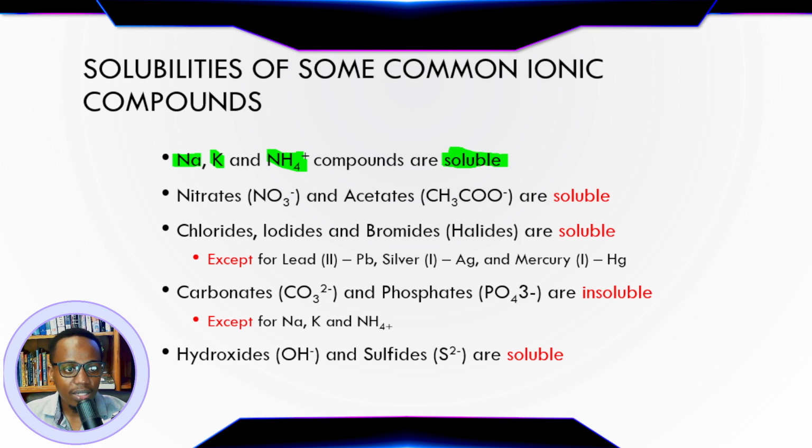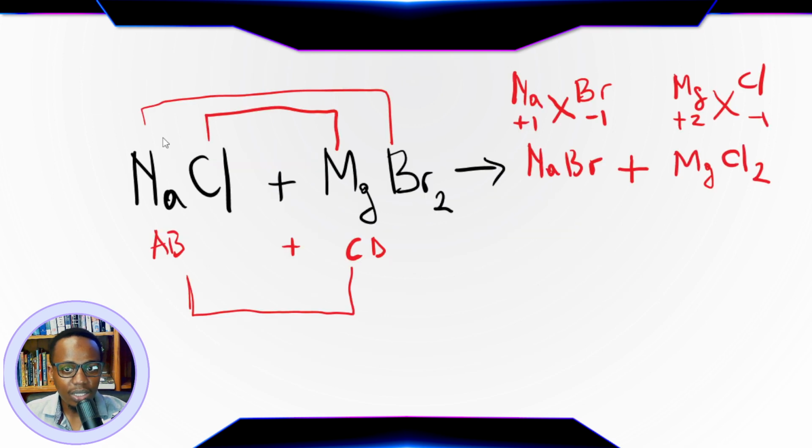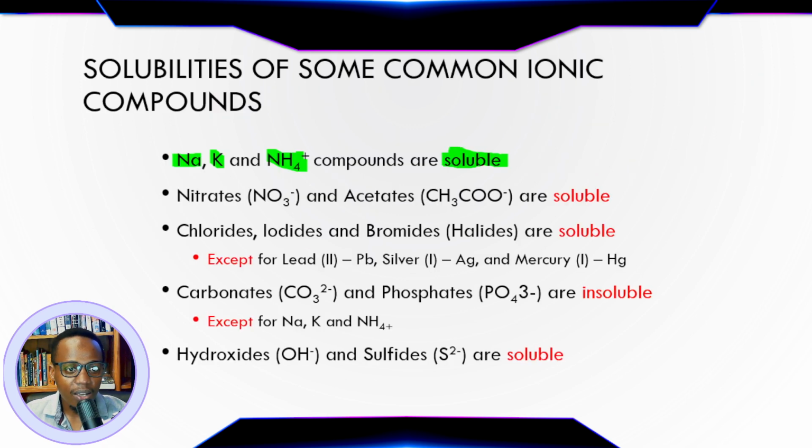So that means that, for example, this compound that we just made that has sodium in it, NaCl, is going to be soluble in water, right? There won't be any precipitates. If you have nitrates or acetates, they're also soluble, right?